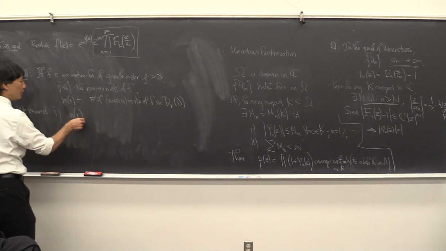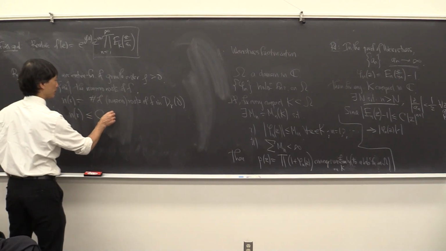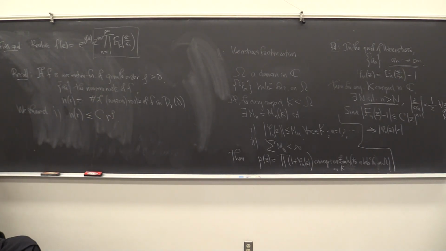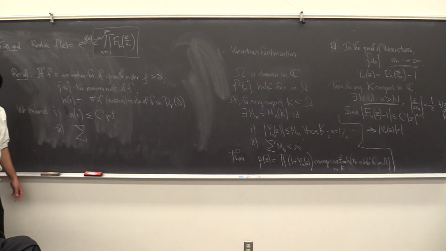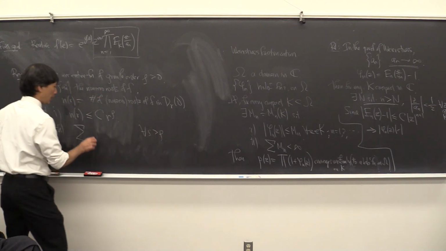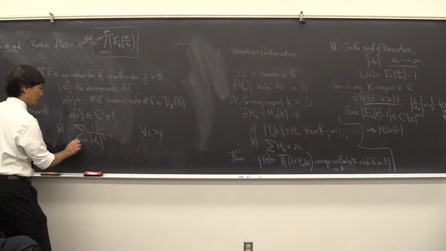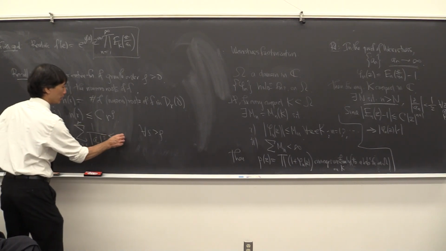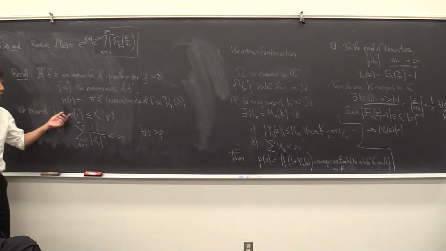One, that the number of roots was controlled by the rate of exponential growth. And also a sparsity condition: if you take any s bigger than rho and look at 1 over the absolute value of the root to the s power, then the sum turned out to be finite. So one was a control on the number of roots, and the other was about how spread out the roots had to be.